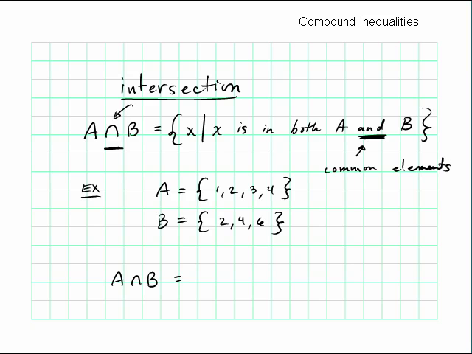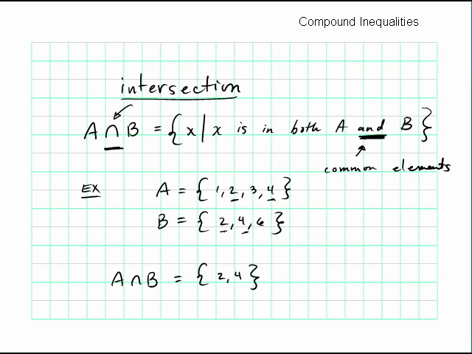What do they have in common? Both set A and B have a 2, and they both have a 4. And so the intersection of these two sets would be 2 and 4. It's the intersection of the two sets.